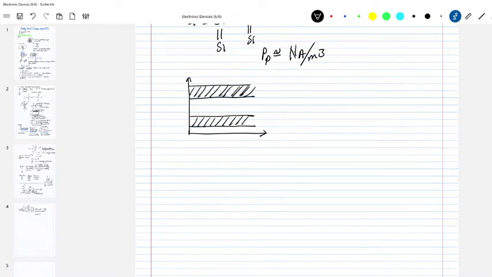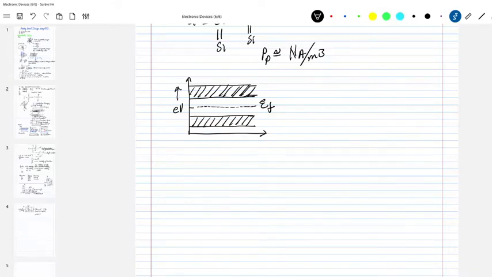If I look at the average energy, it would be somewhere in the center. That is known as the Fermi level. Now the average energy is in the center of the band gap. So this is going to be an intrinsic semiconductor.